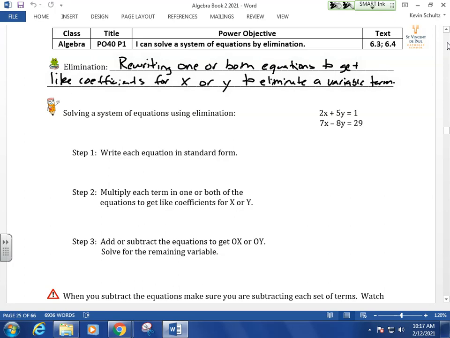Rewriting one or both equations to get like coefficients for x or y to eliminate a variable term. Okay.